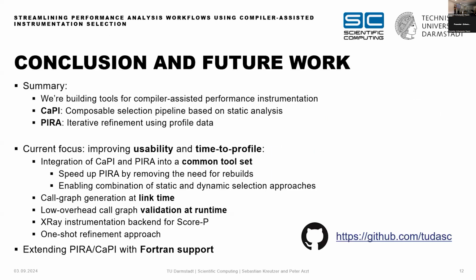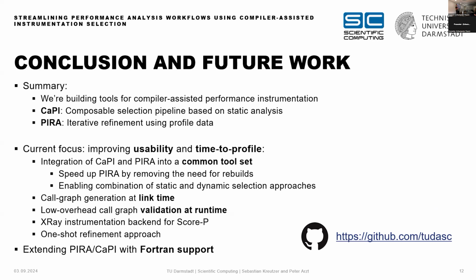All right, to summarize, because we're running out of time, we're building tools for compiler-assisted performance instrumentation. Sebastian presented CAPI, which is a composable selection pipeline based on a domain-specific language and static analysis for instrumentation selection. And PIRA starts with a much simpler form of static selection and then iteratively refines the instrumentation using profile data.